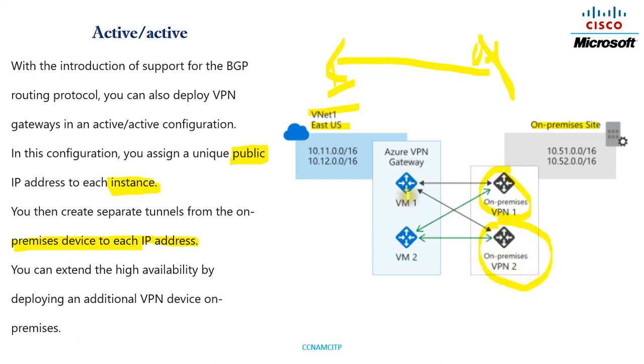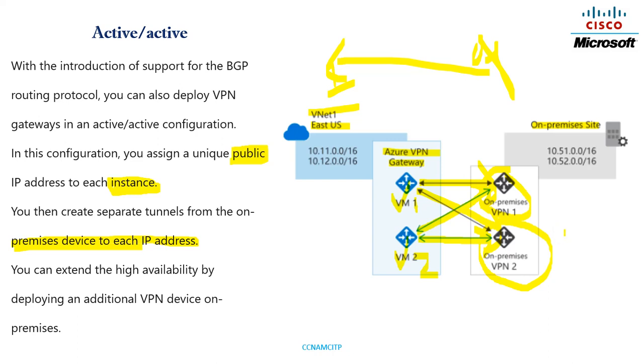You can see here this is the Azure VPN gateway, and you can see virtual machine 1, VM1, and VM2. How it is connected: this one is connected with this also, and this one is connected with this also. So it is a multi connection, and that is why it is called redundant.